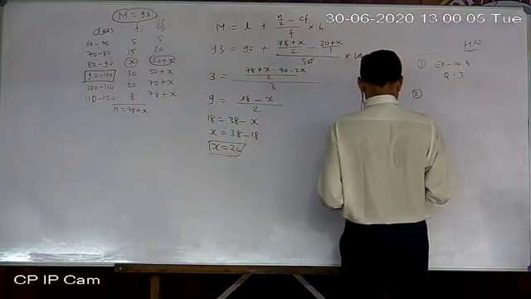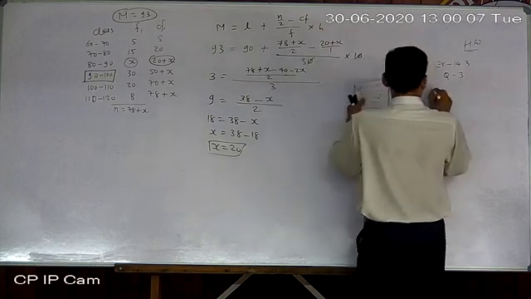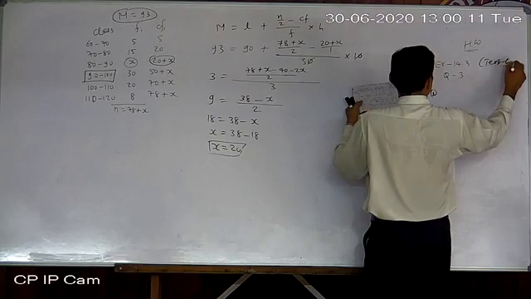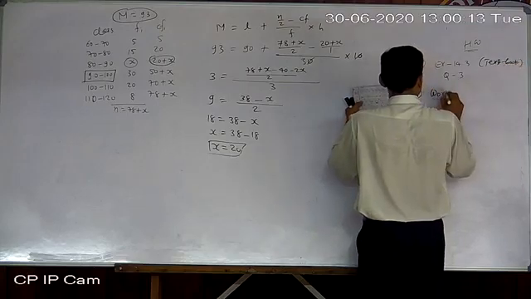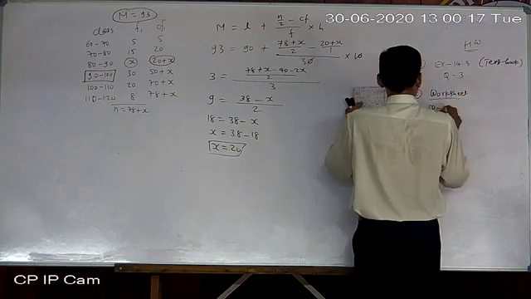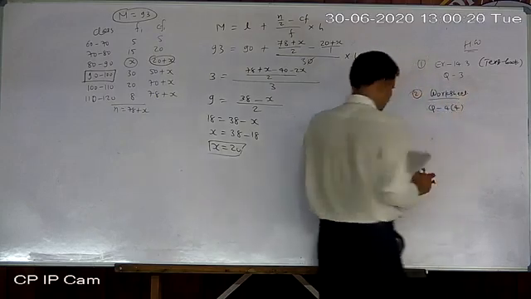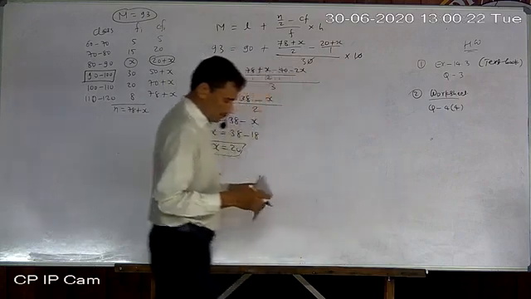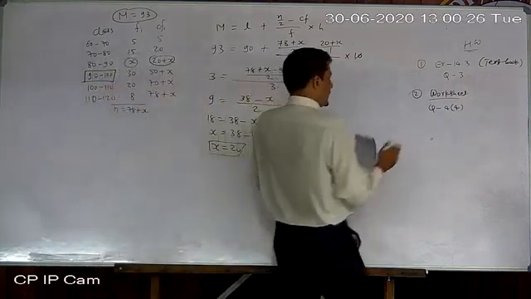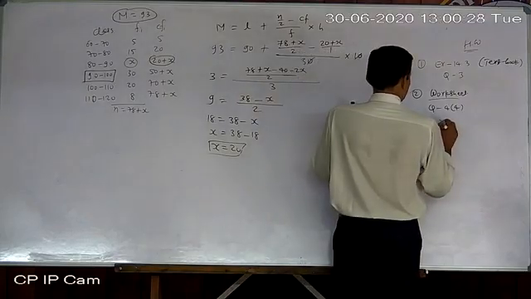So these types of sums I am giving you from the worksheet. This is from the textbook. Worksheet question number 4, the fourth question. Now the answer of it will be 20.